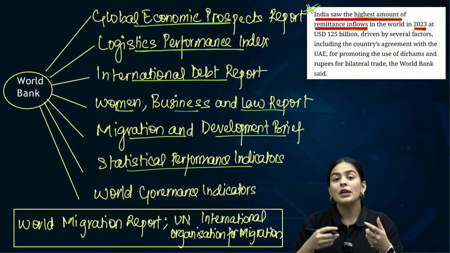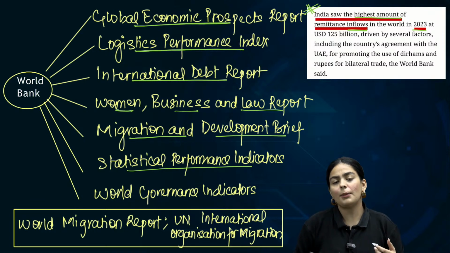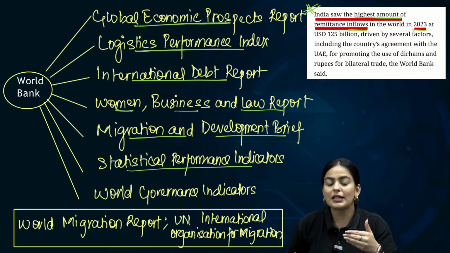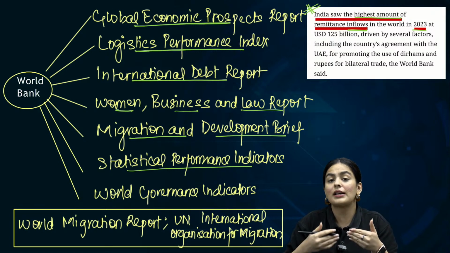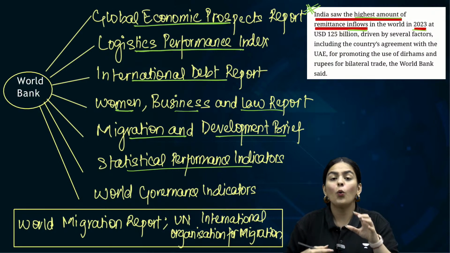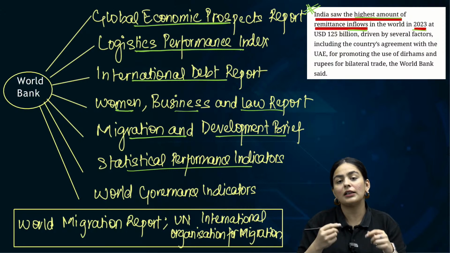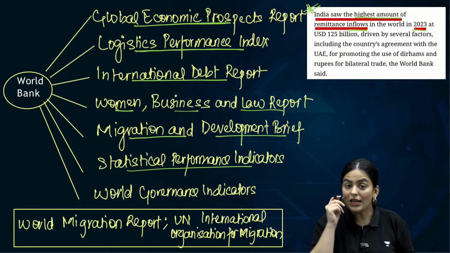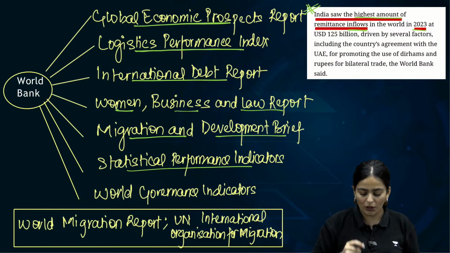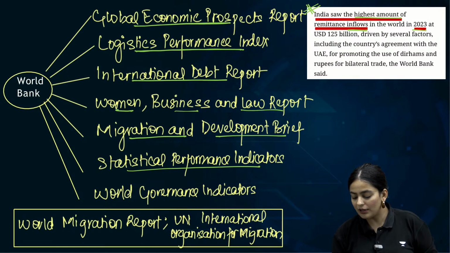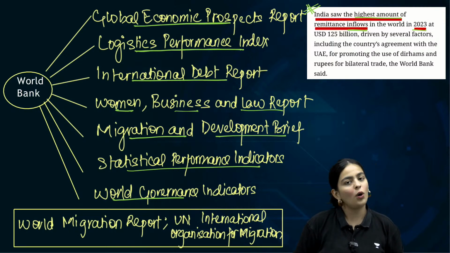It will check how data-driven policy is taken up in different countries. What is the status for statistics? How are the statistical organizations performing? What is the methodology to collect data, and how is that data used in the running of these countries? So Statistical Performance Indicators, also World Bank. And Worldwide Governance Indicators, also World Bank.